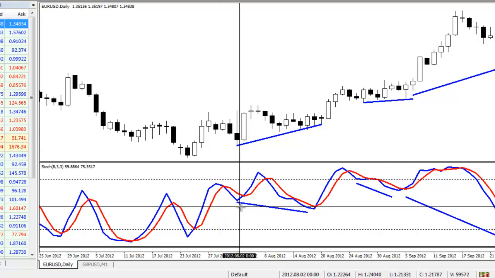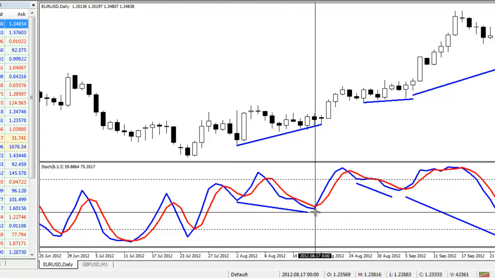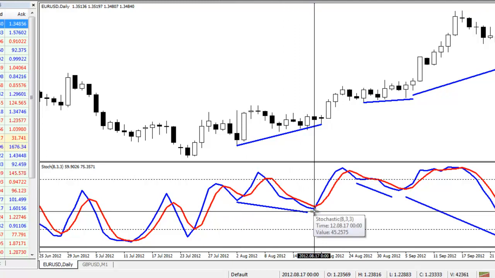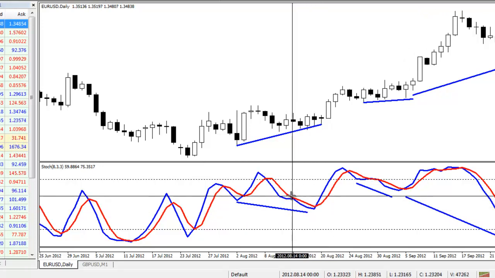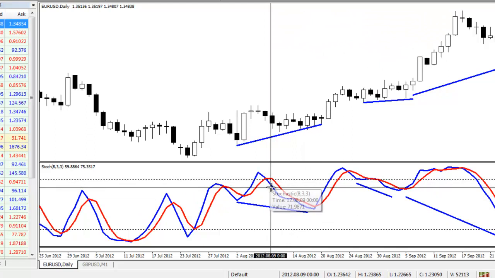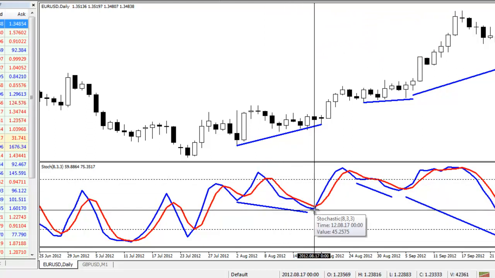Again, remember, once we have a divergence actually occur, it's up to us to wait until the %K blue line flicks to the upside. Bearing in mind that these stochastics are calculated based off of the close of the bar, we need to wait for the bar to close before we're convinced that the stochastics have actually flicked to the upside.